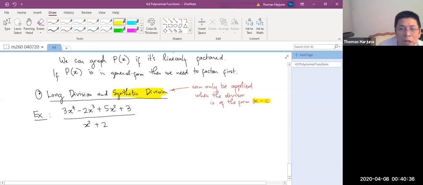Basically, it has to be linear with coefficient 1. But if you have degree 2 at the bottom, degree 3 and all, we have to use long division. Now, how to apply the long division? The numerator will be on the top.